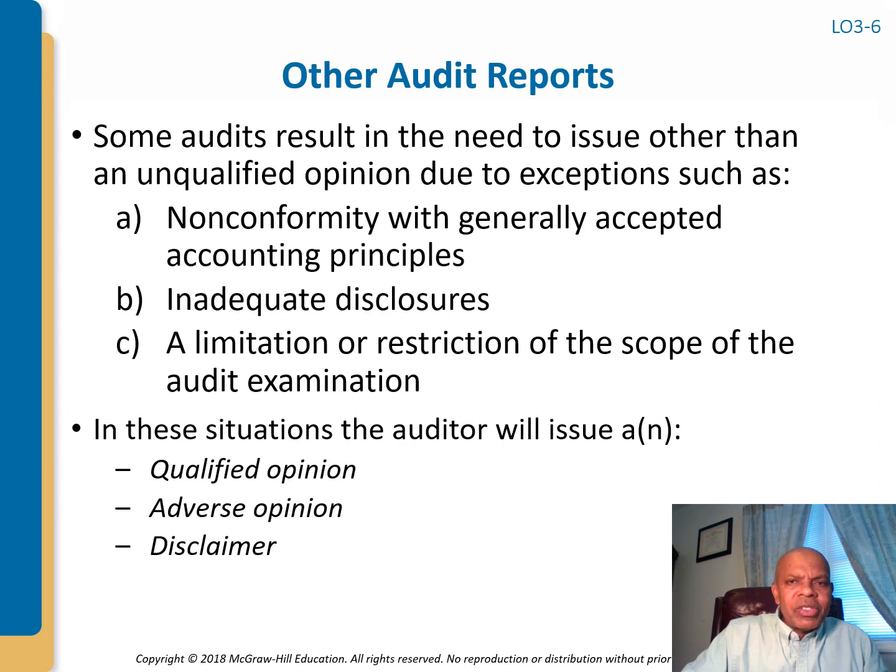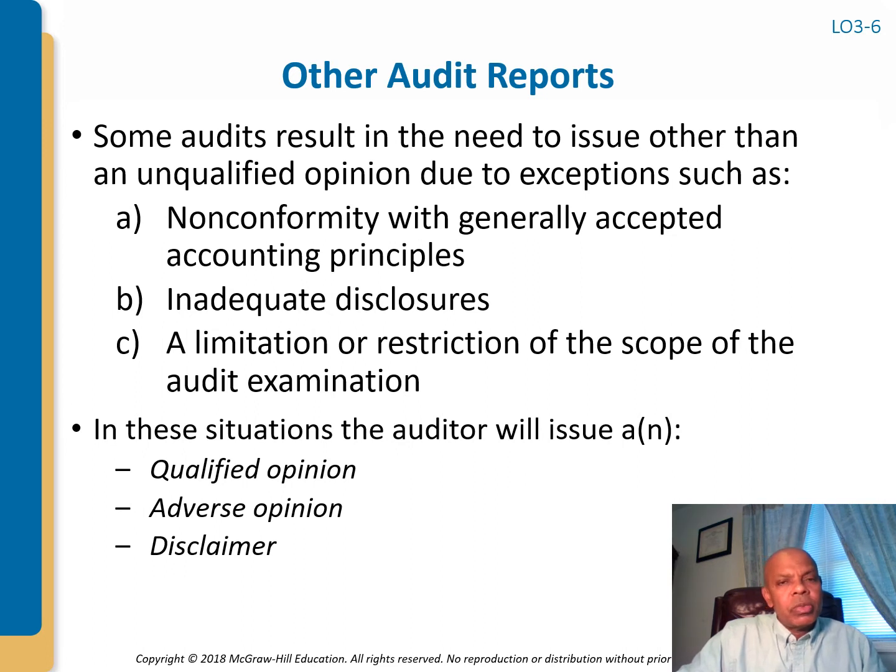Some audit results in the need to issue something other than an unqualified opinion due to exceptions, such as non-conformity with generally accepted accounting principles. People don't follow GAAP. If that's the case, the auditor is not going to issue an unqualified opinion. And inadequate disclosure.